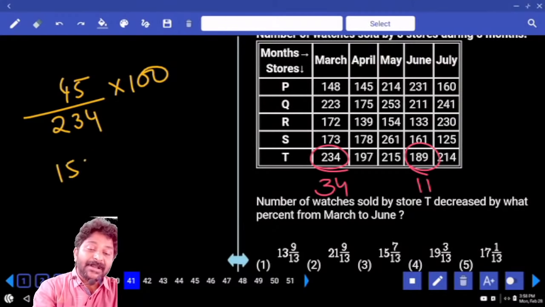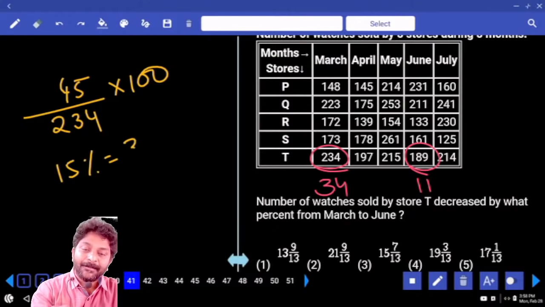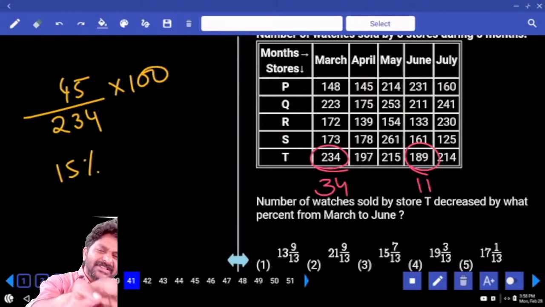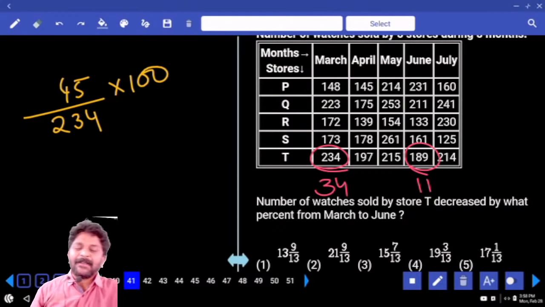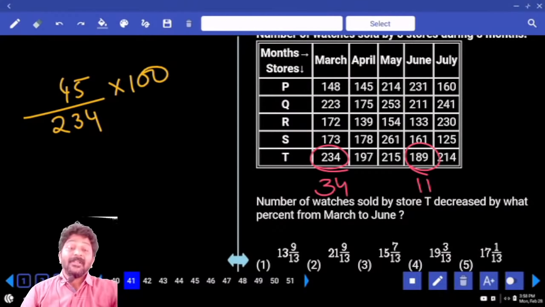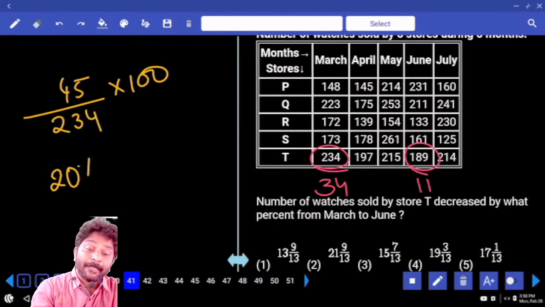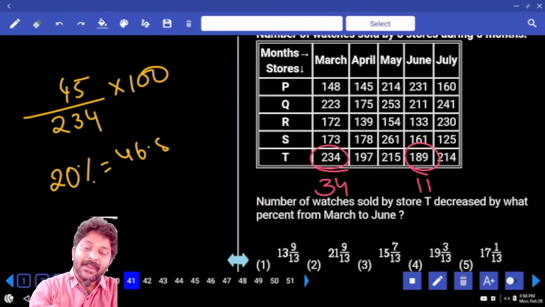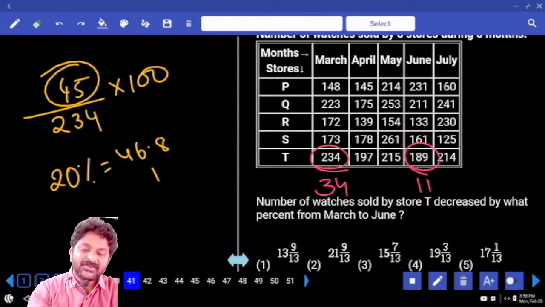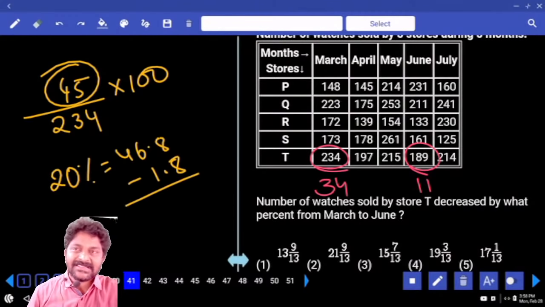Then what is 15%? 24 plus 12, 30. What is 10%? Then what is 20%? 46.8. Our number is 1.8 less than this number.